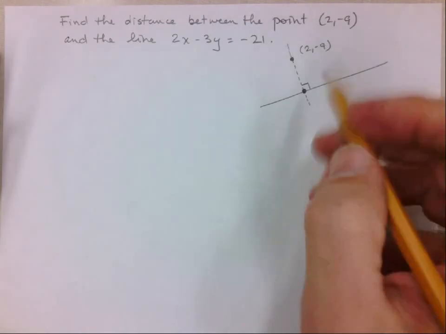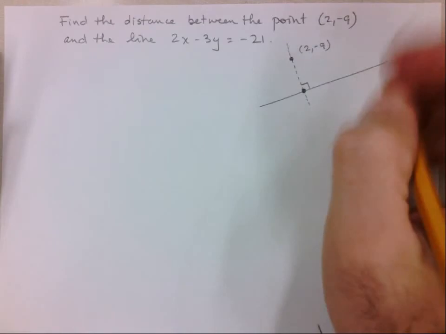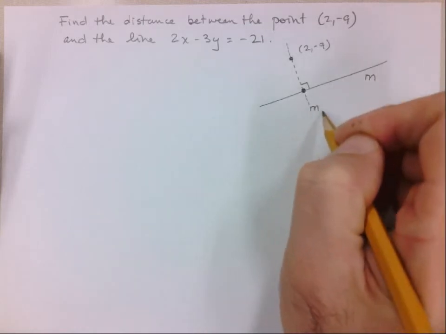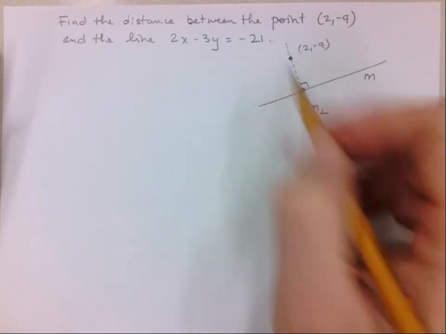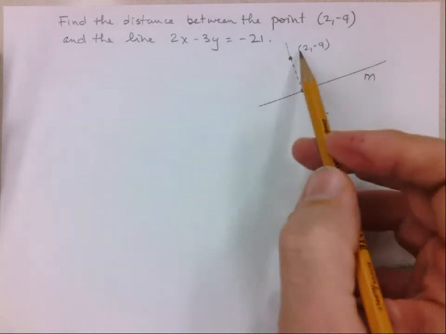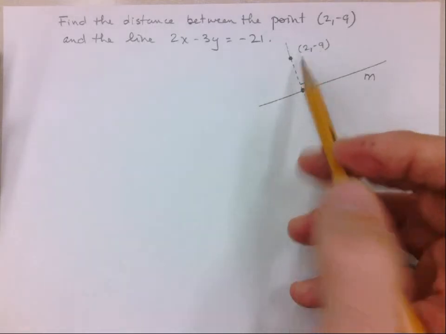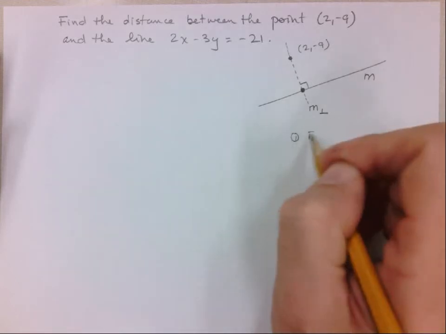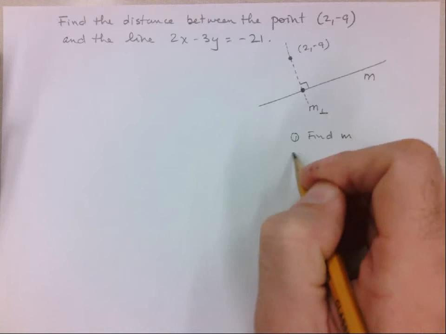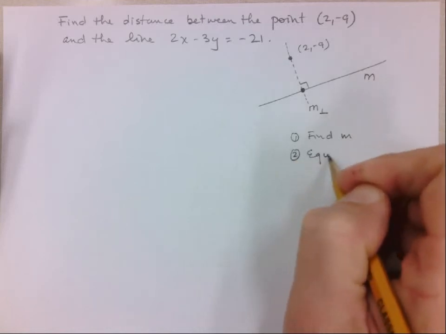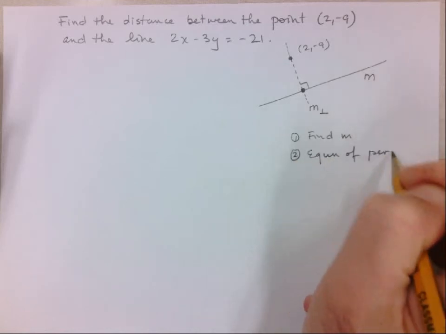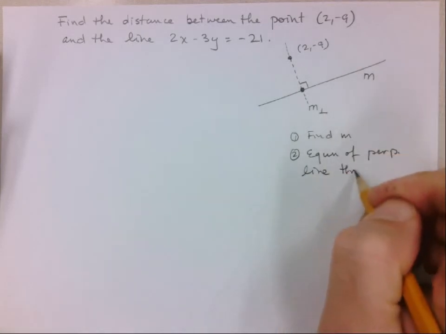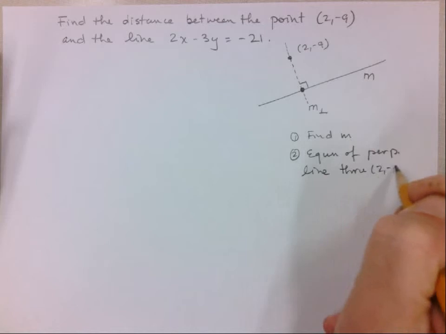So how are we going to go about finding this equation? If I know this line, I'll know its slope, and from there I can determine the perpendicular slope, and knowing a point on that line, (2, negative 9), I'll be able to find the equation. So our first step is to find our slope. Step 2 is to find the equation of the perpendicular line that passes through (2, negative 9).